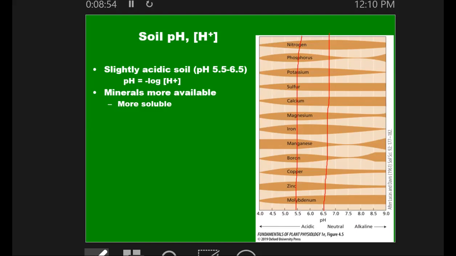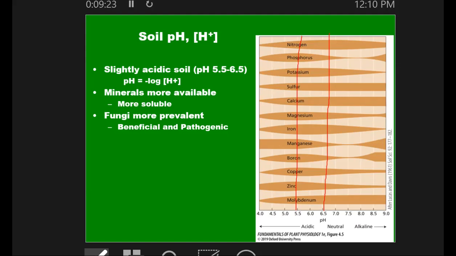So this pH range, 5.5 to 6.5, it's slightly acidic. One thing you need to be aware of is that fungi are more prevalent in slightly acidic soil systems. Now that can be kind of a double-edged sword because beneficial fungi are happy at slightly acidic conditions, but so are all the pathogenic fungi.